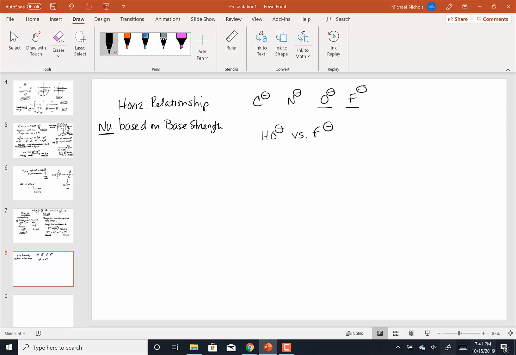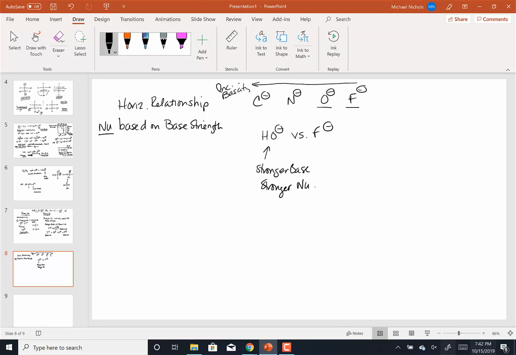Okay, you've got to rewind the video and go back and say, okay, when I have this periodic table, as I'm going from right to left, what's happening to basicity? Basicity is increasing. So who is the stronger base here? OH minus. So OH minus being the stronger base will be the stronger nucleophile.